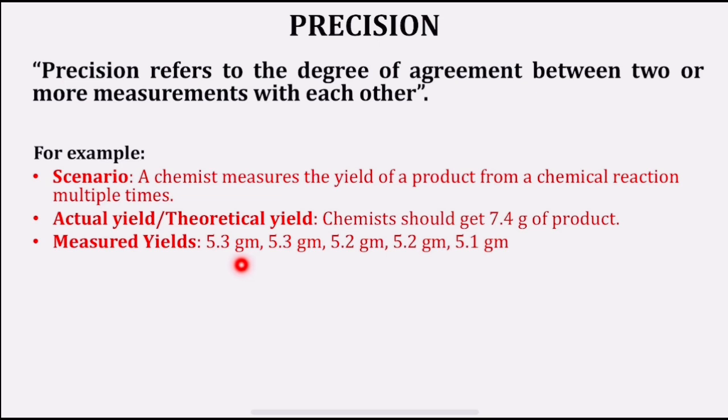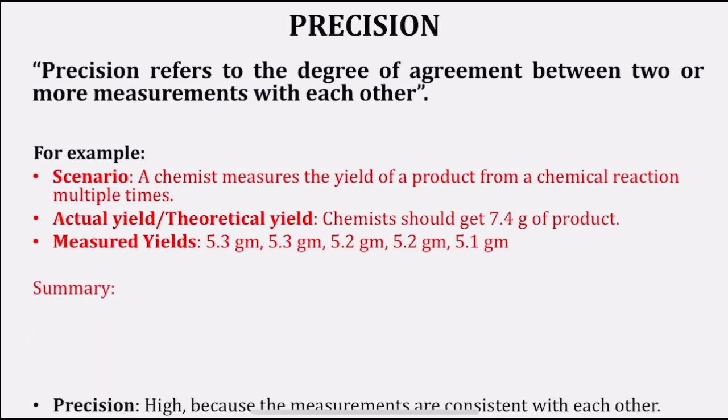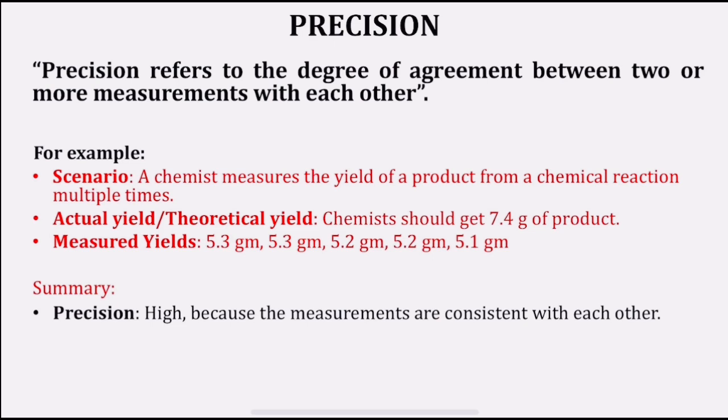After conducting experiments 5 times, he receives yields of 5.3 gram, 5.3 gram, 5.2 gram, 5.2 gram, and 5.1 gram respectively. In this example, the measurements are close to each other, indicating high precision because the values are consistently around 5.1 to 5.3 gram.